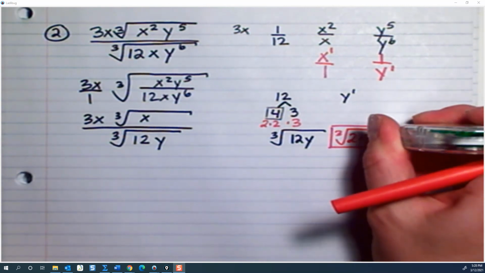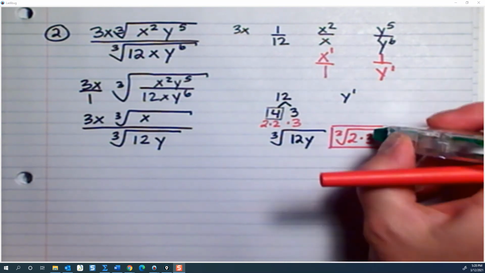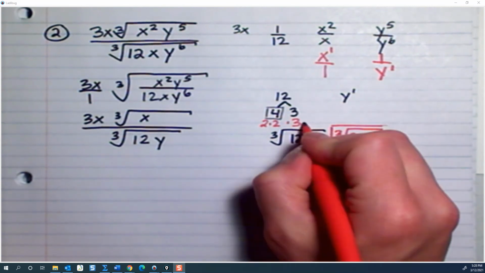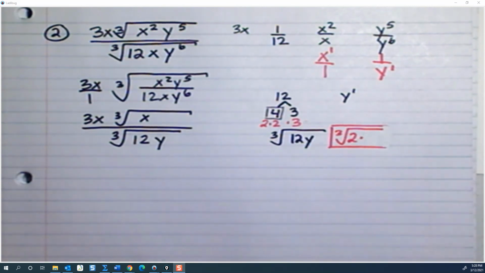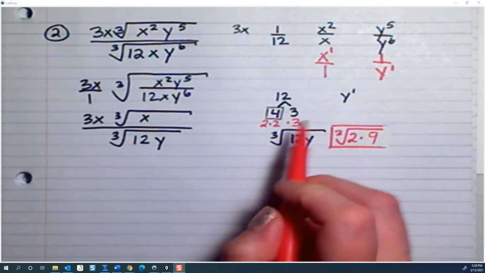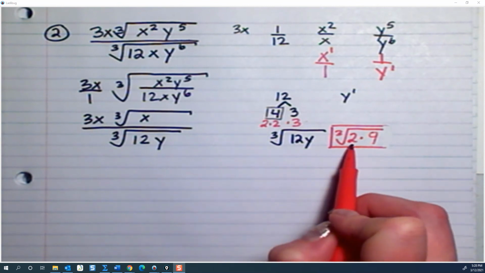And a little more space. Okay, now 2 more 3s, okay, is 9. All right, notice that we have a perfect square here, and so we only needed one more 2.